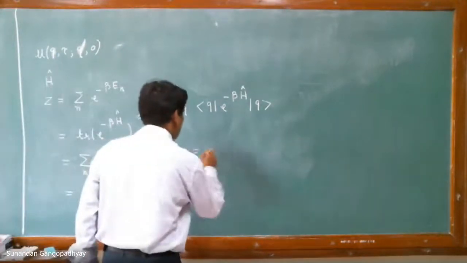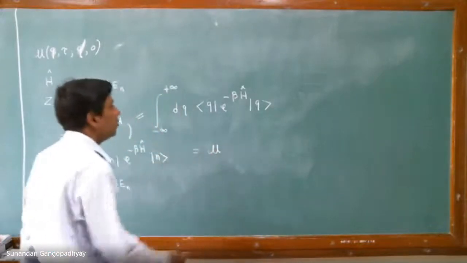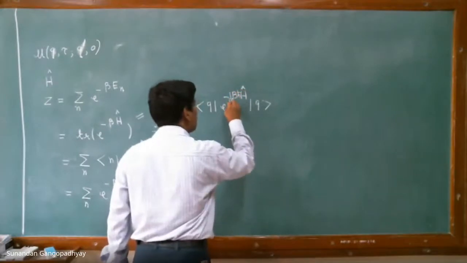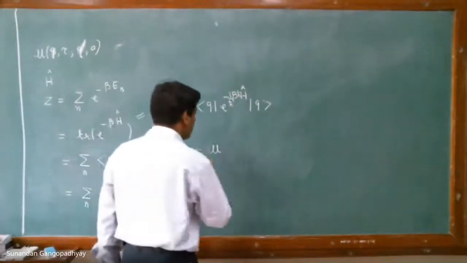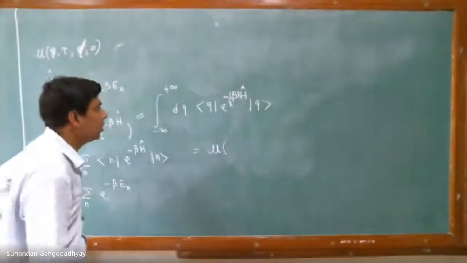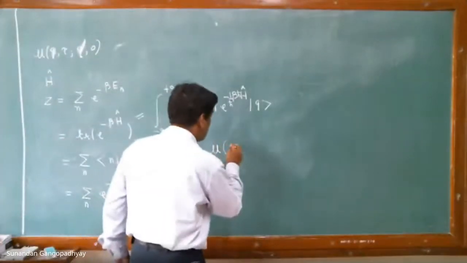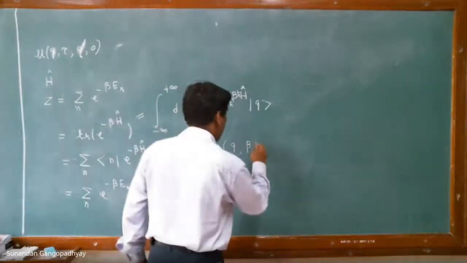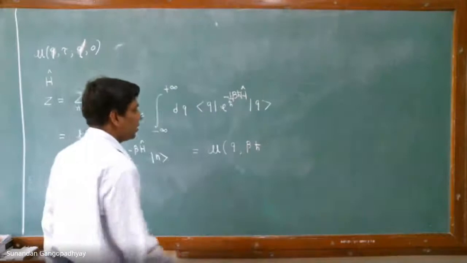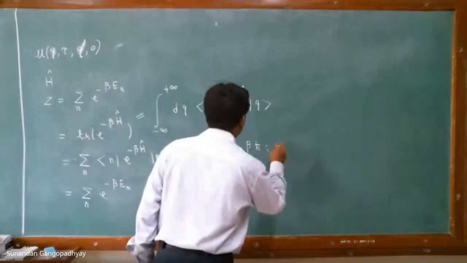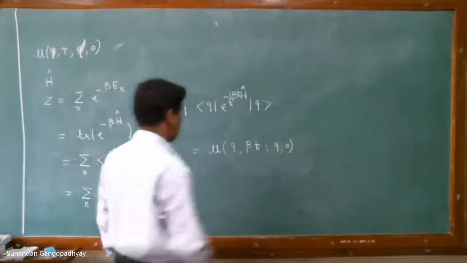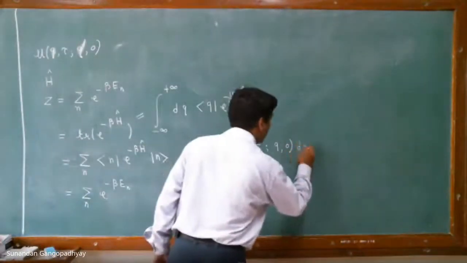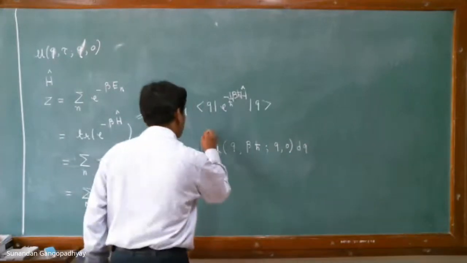But this thing is nothing but, you can actually put an h bar over here and divide by an h bar over here, and therefore this object is nothing but the propagator q, beta h bar, q comma 0, and then you have an integral over dq from minus infinity to plus infinity.